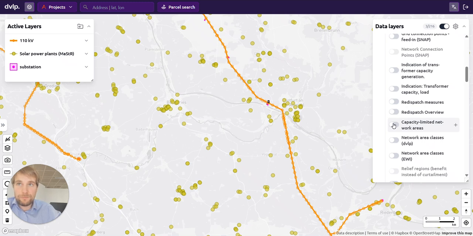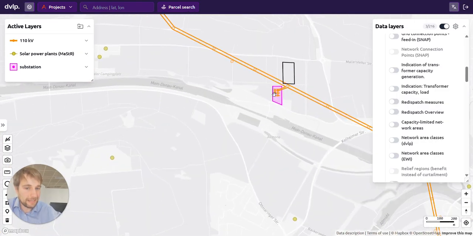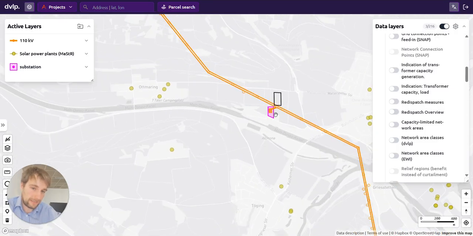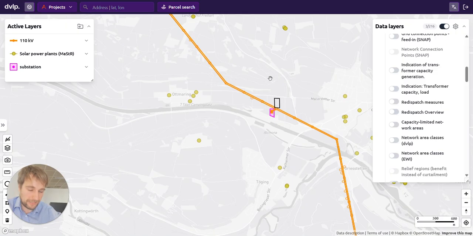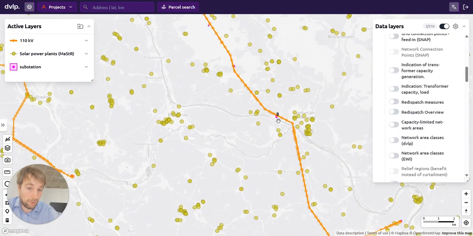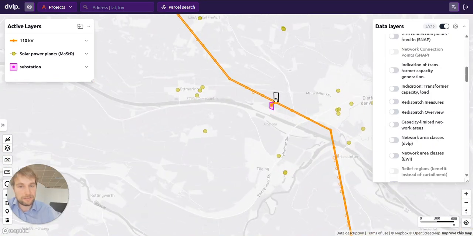Now, very important, we can maybe conclude at that moment that a connection to this substation is unlikely. We also face, at the given time, quite a significant bottleneck in this area. So very, very likely we would not be able to connect to the current electricity grid here.